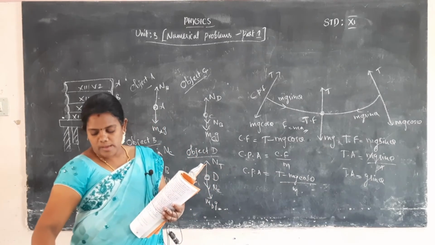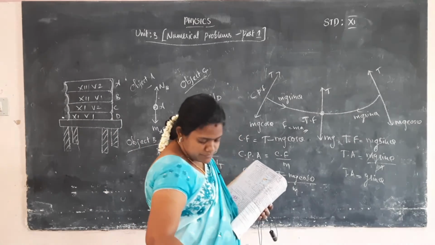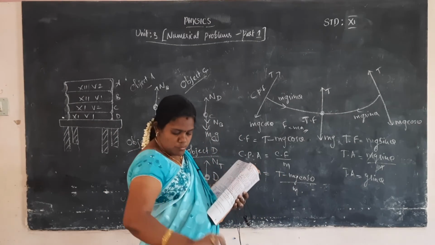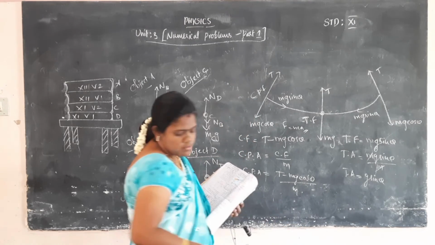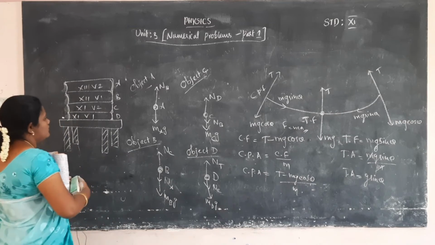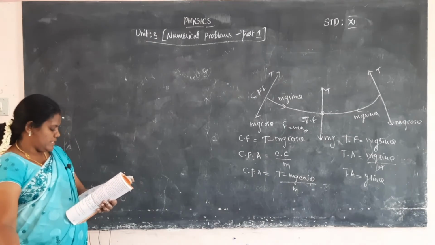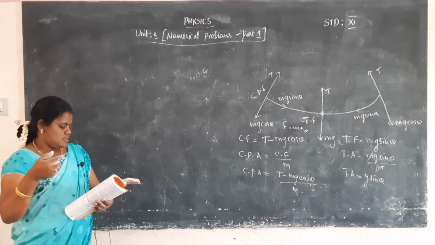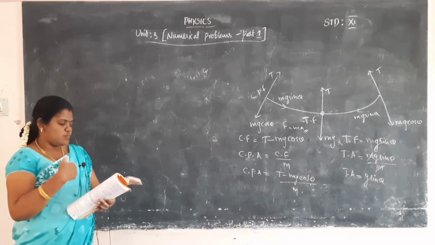You have to see your book, where two bicycle pictures are there. In the first picture, two forces are given: forward force is 500 Newton and backward force is 400 Newton.